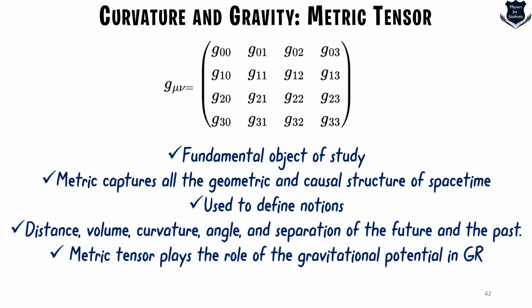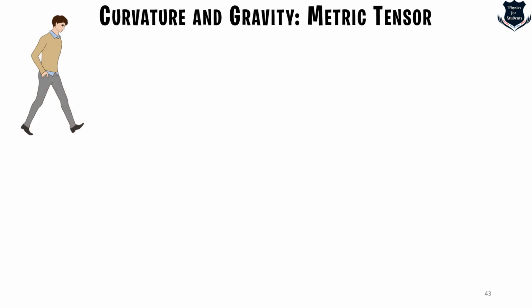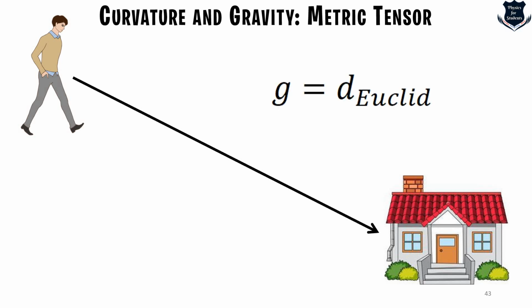But still, because we deal with mathematics and we are students and learners of physics, this is not a complete idea. I will just give you a quick demonstration. Suppose I am located here and I'm going from this place to this place. I would take this route. I would say G, the metric tensor, is the distance which I take on the Euclidean path.